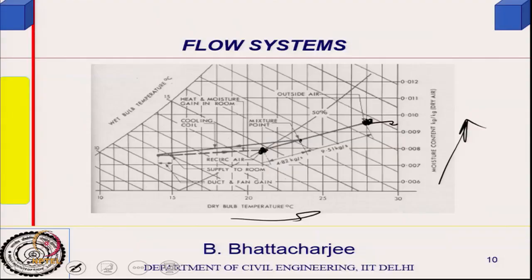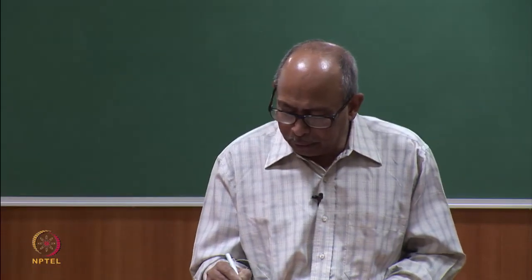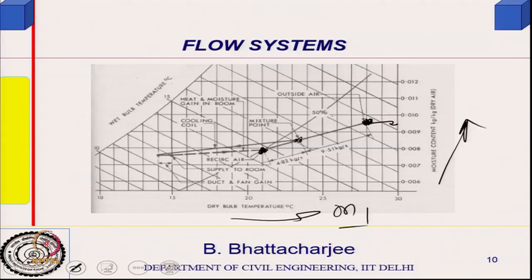So therefore, I mix up, and the mixture temperature will be somewhere between T1 and T2, depending upon the proportion that I am mixing, by that formula that we have talked about. M1 by M2 is equal to (T minus T1) by (T2 minus T), something like this. So it will be somewhere in between. I can join them by a line.